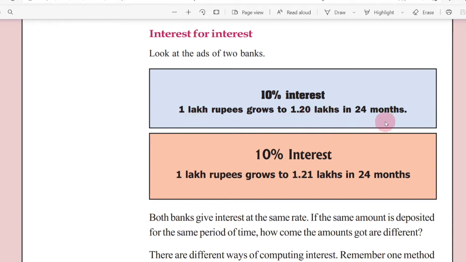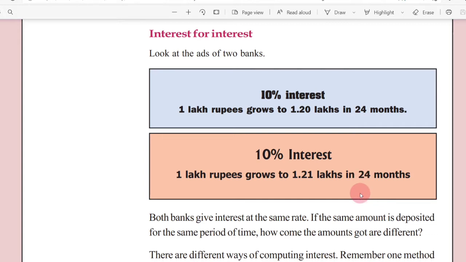And in the second ad, 10% interest, 1 lakh rupees grows to 1.21 lakhs. See, 1.20 lakh and 1.21 lakh, which is higher? Yes, 1.21 lakh is higher than 1.20 lakhs, right? And that also grows in the time limit of 24 months, that is 2 years.